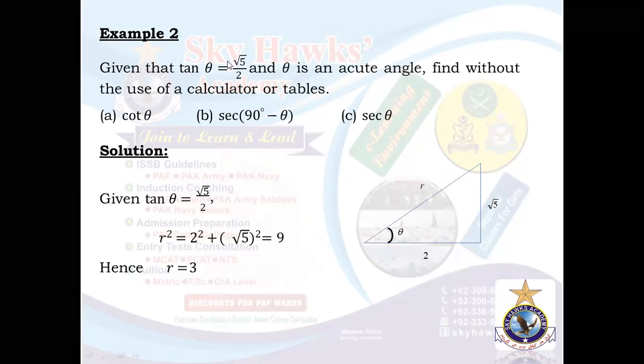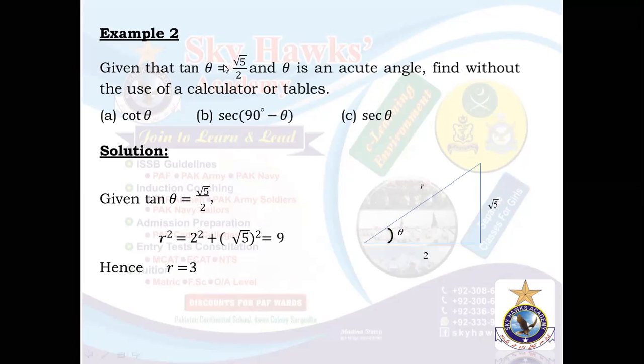So from here, what you will have to do? Make the triangle and calculate the sides, and you will have to find out cot theta, secant 90 minus theta, and secant theta. Tangent theta is given, cot is the reciprocal of that.